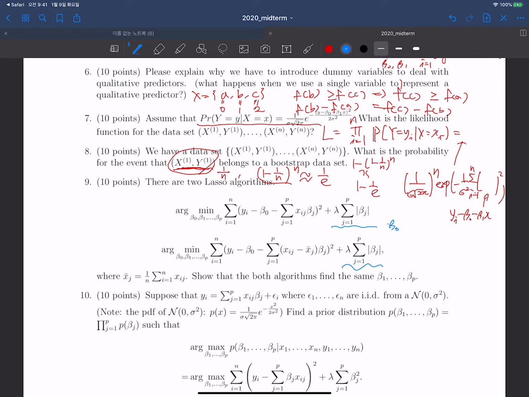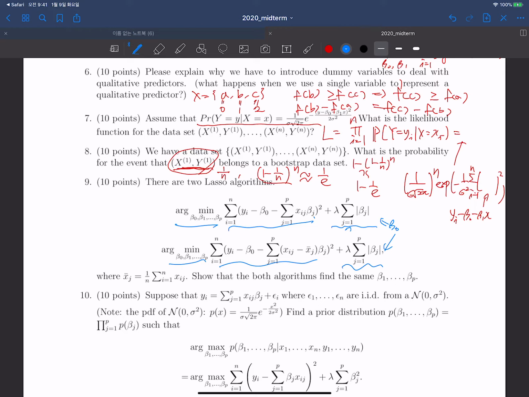Beta 0 does not change these two additional cost functions. So you can very freely control the beta 0 value. For this minimization process, you can freely control beta 0 so that the RSS value can be minimized. On the other hand, if you control beta 1 through beta p, you have to take into account both the RSS part and the additional cost part so that your total loss function can be minimized.